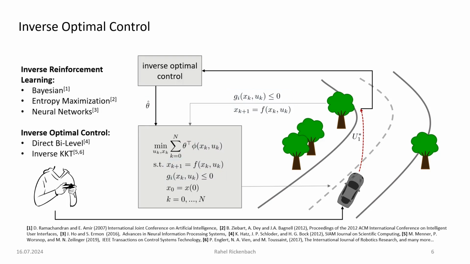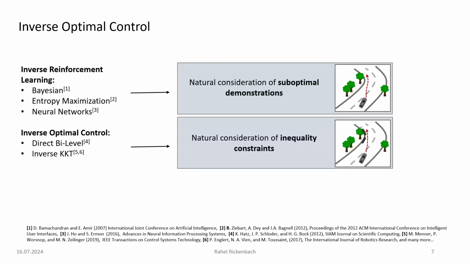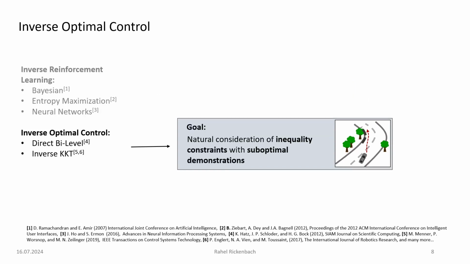While the approaches in inverse reinforcement learning allow, by their problem formulation, for natural consideration of suboptimal demonstrations, inverse optimal control approaches allow for natural consideration of inequality constraints that can be active or inactive. As a goal of this project, we investigate what happens if we use these inverse optimal control tools with suboptimal demonstrations.